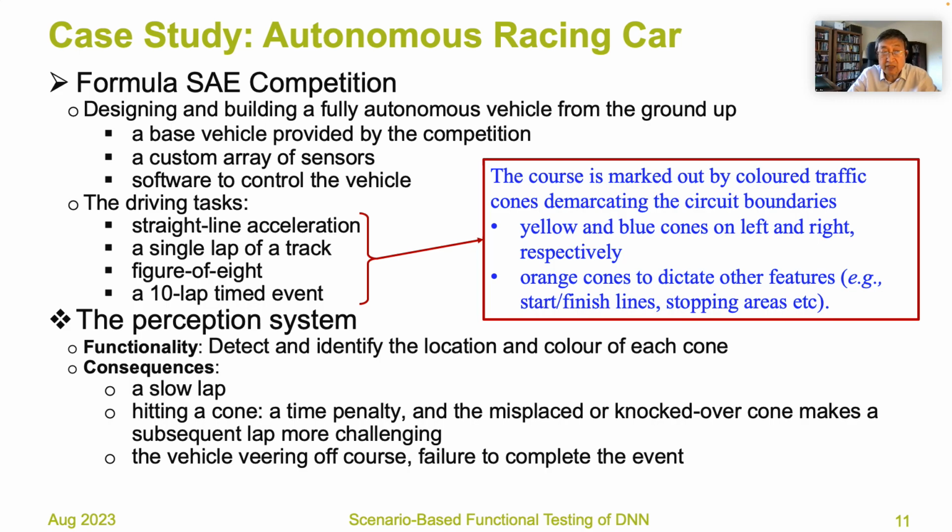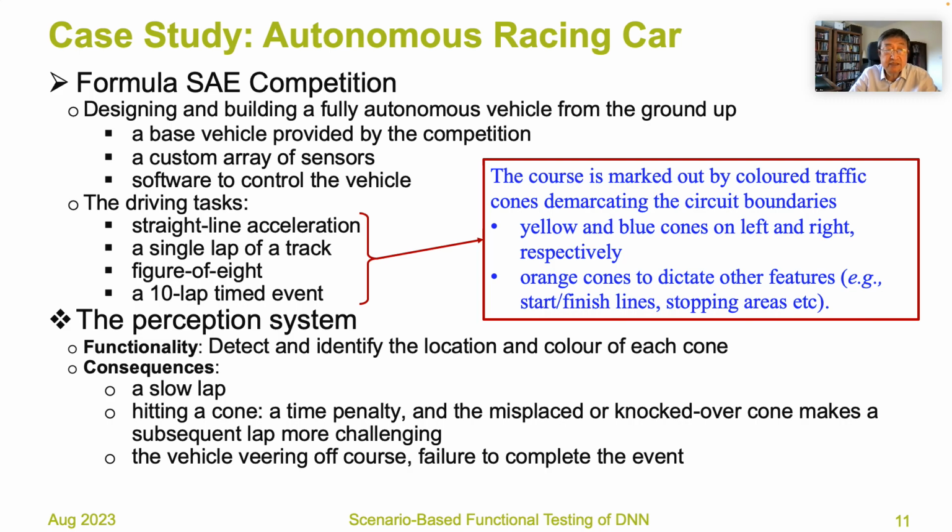When the vehicle is taking part in a dynamic event, the first event is to drive through a straight line to accelerate and see who is the fastest to complete the track. The second event is a single lap of a track, and then a figure of 8 kind of track, and then a 10-lap timed event.